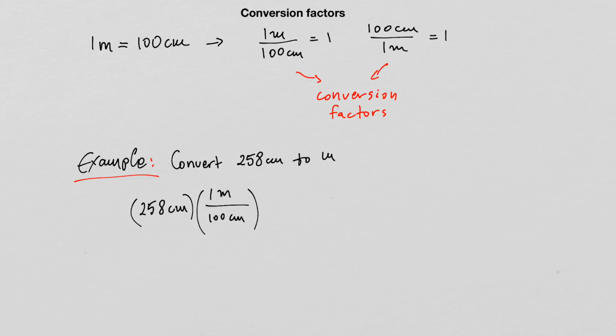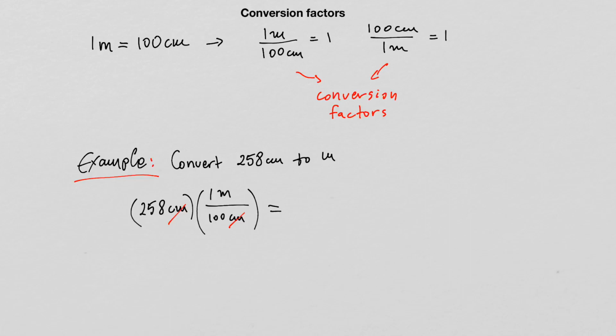So if I multiply 258 centimeters by 1, nothing changes, but instead of 1, I'm going to replace that with my conversion factor. So what I have is 258 centimeters times 1 meter divided by 100 centimeters. So I have centimeters in the numerator and denominator. So those are the old units, they will cancel out. And what's left is the new units, the meters, which is what I want for my conversion.